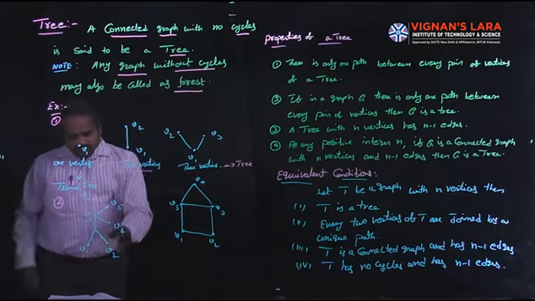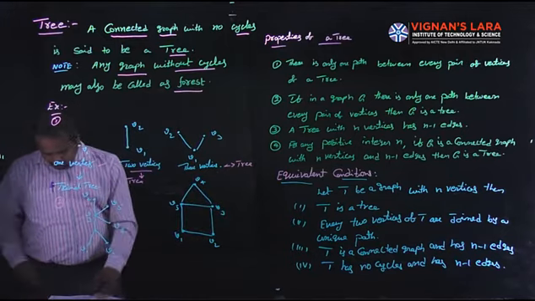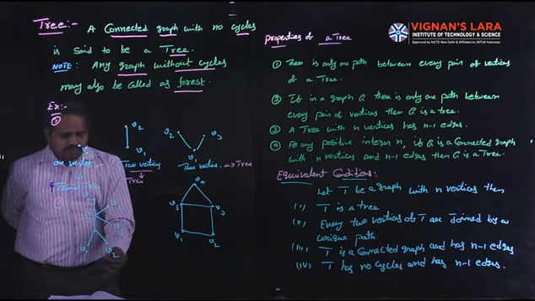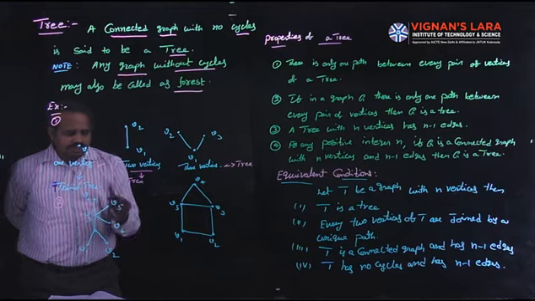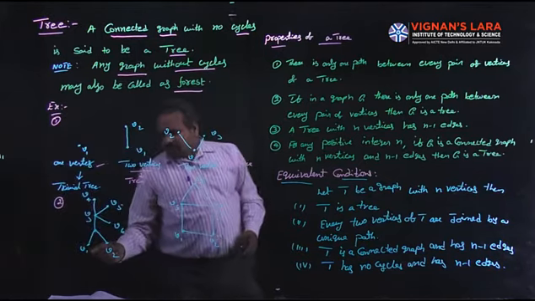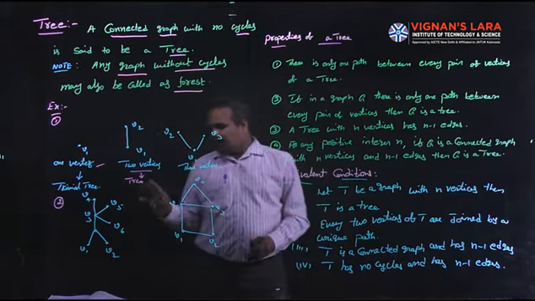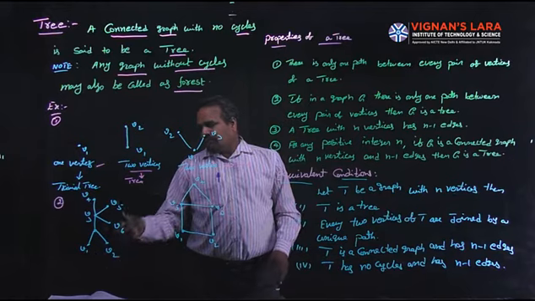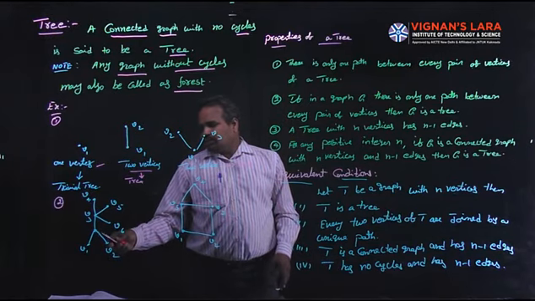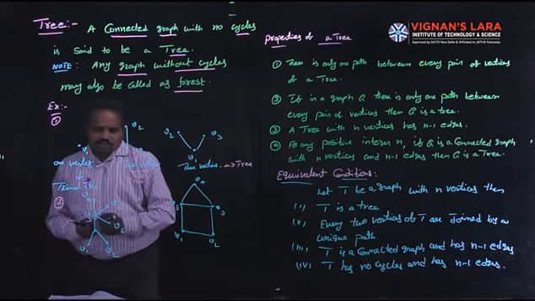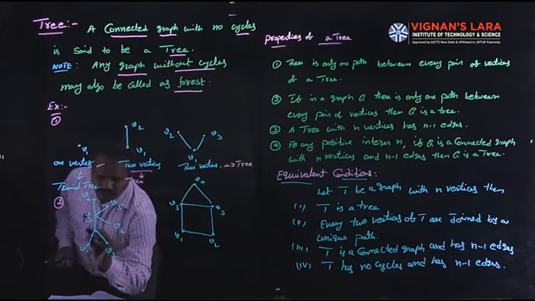Coming to this one, you see v1, v2, v3, v4, v5, v6. First of all, check whether it is a connected graph or not. Connected means there is a path between any pair of vertices. I am taking v1 and v5. Sorry, here I forgot one more vertex, so take this one as v7.